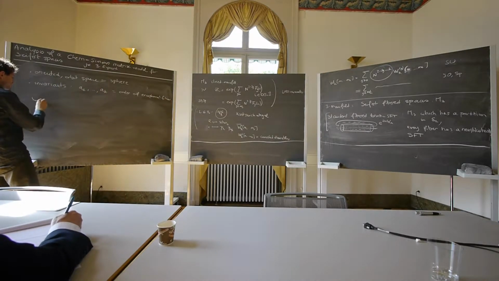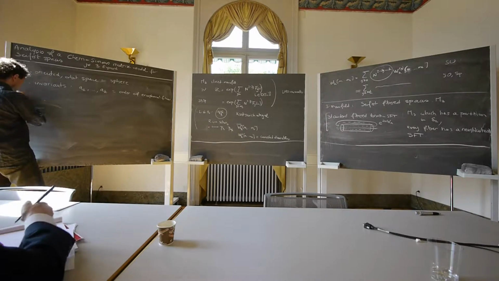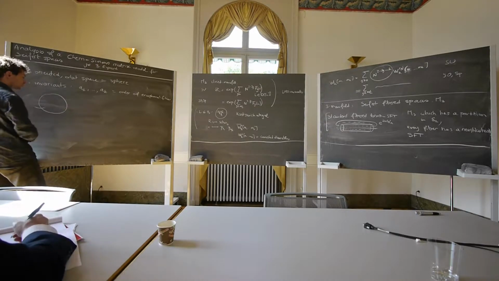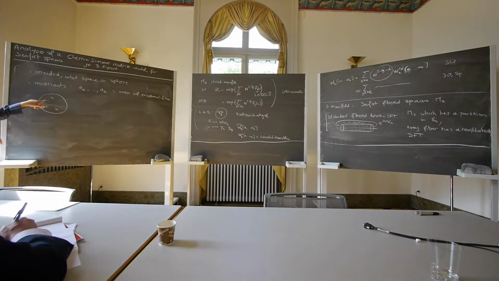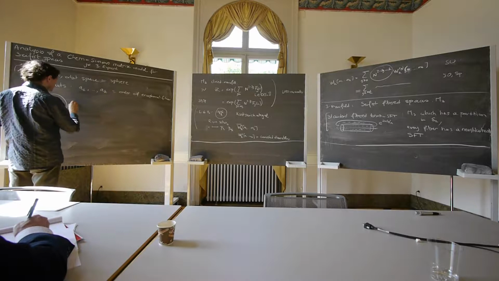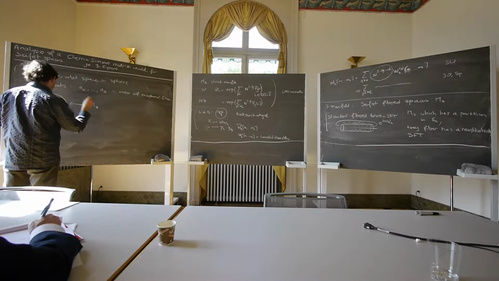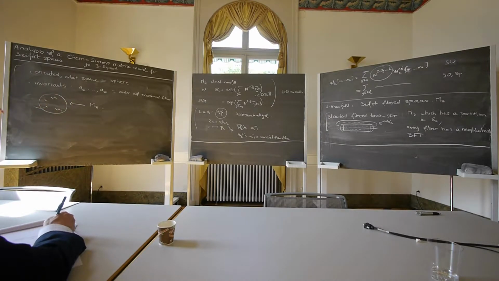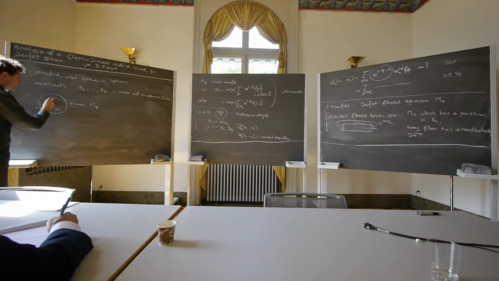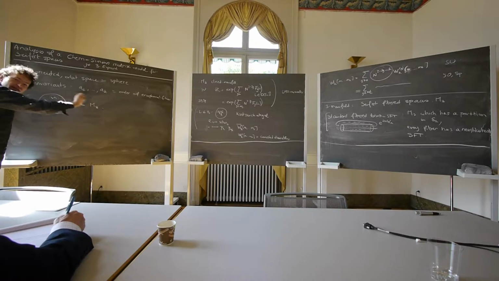Then you can represent, so here I actually have a sphere, so that's the orbit space. And you have some points which are associated with exceptional fibers. So topologically this is a sphere, but actually these are orbifold points in this fibration.